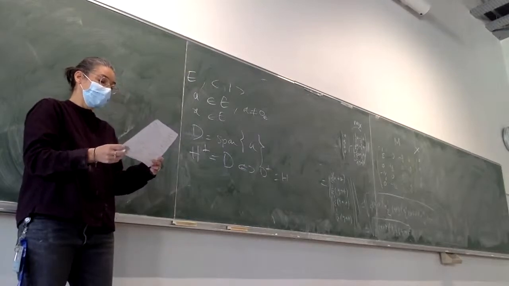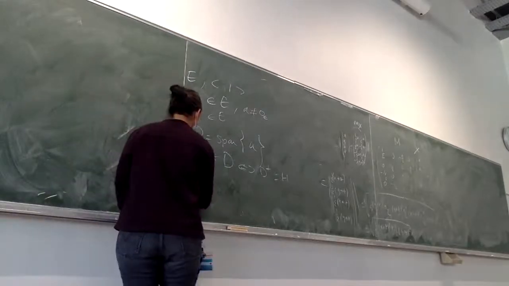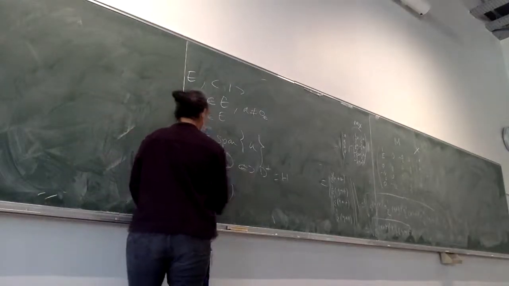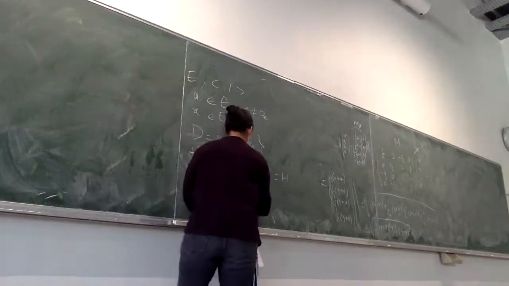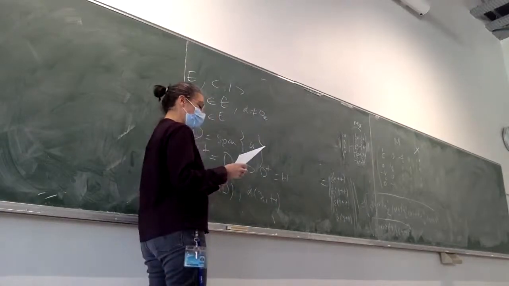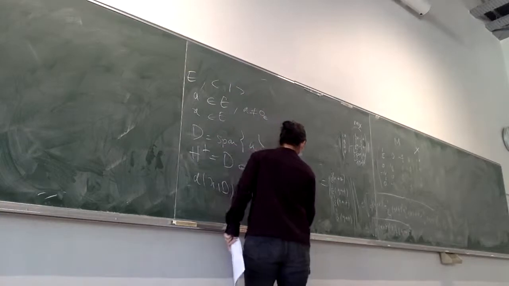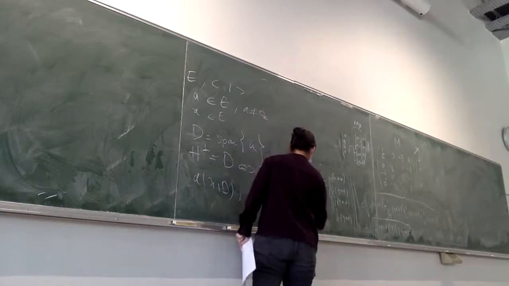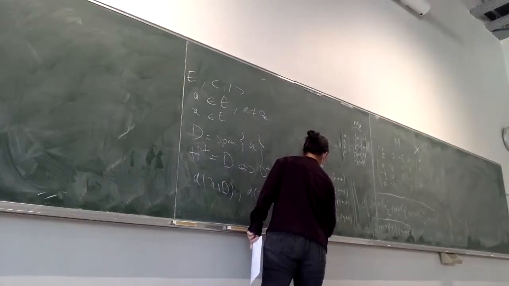What we want is to get the usual expression, for any x, of the distance between x and D, and the distance between x and H. So what are we allowed to use? We're allowed to use the norm notation and the scalar product notation, the inner product notation.